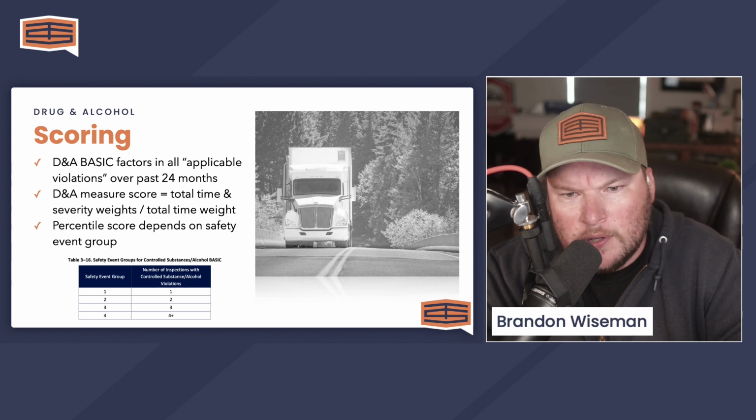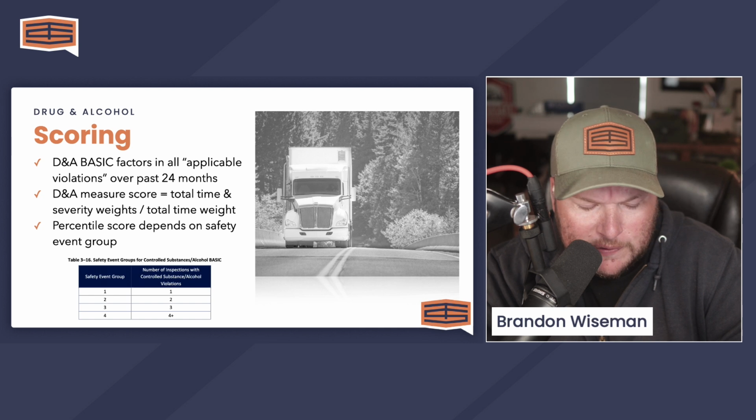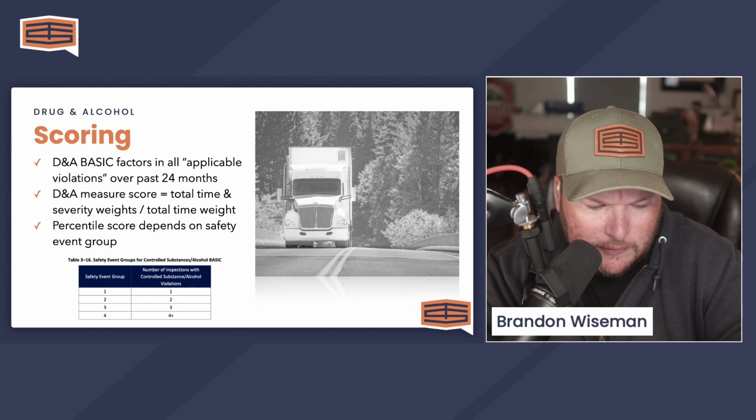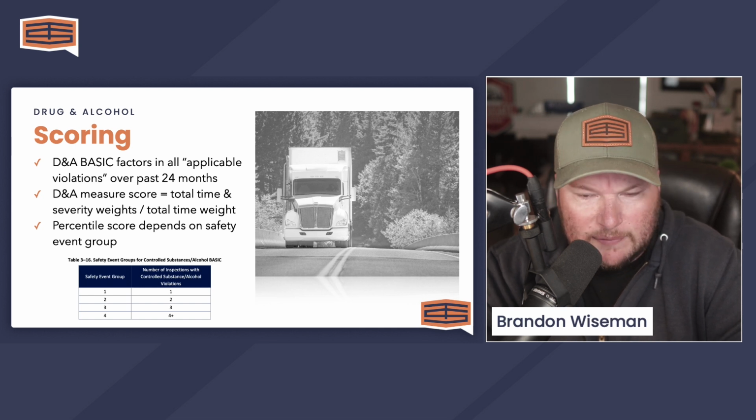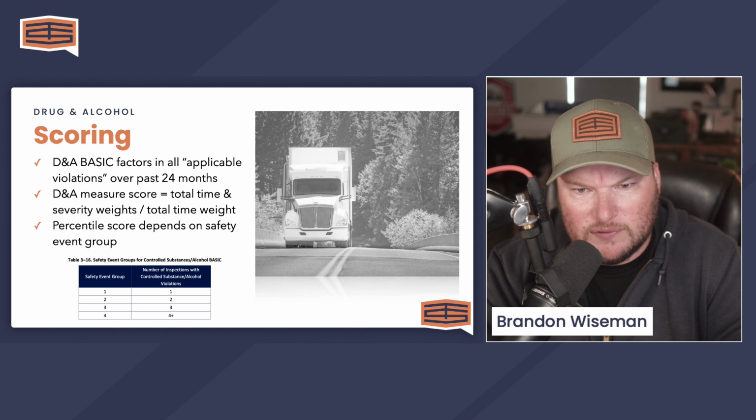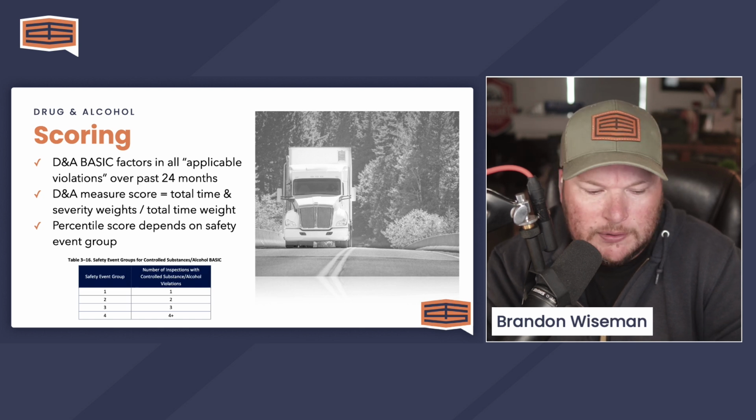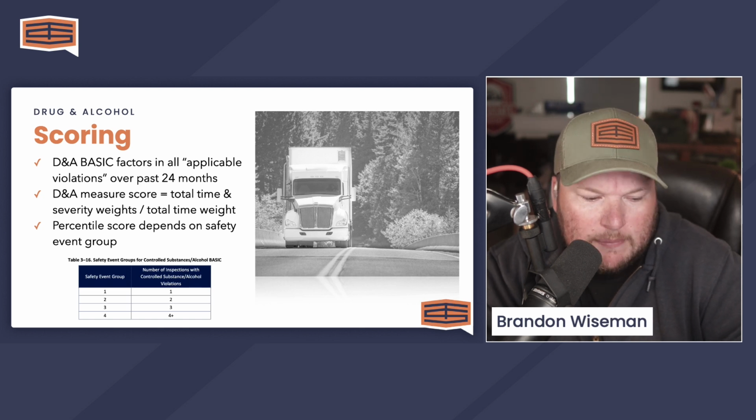Your score, your measure score, so the difference between the measures and the percentile scores. This is an important concept to grasp not only in this particular basic, but all of the 7 basics. If you know anything about CSA, you know that you have essentially 2 scores in the system. You have what's first called an absolute measure score.